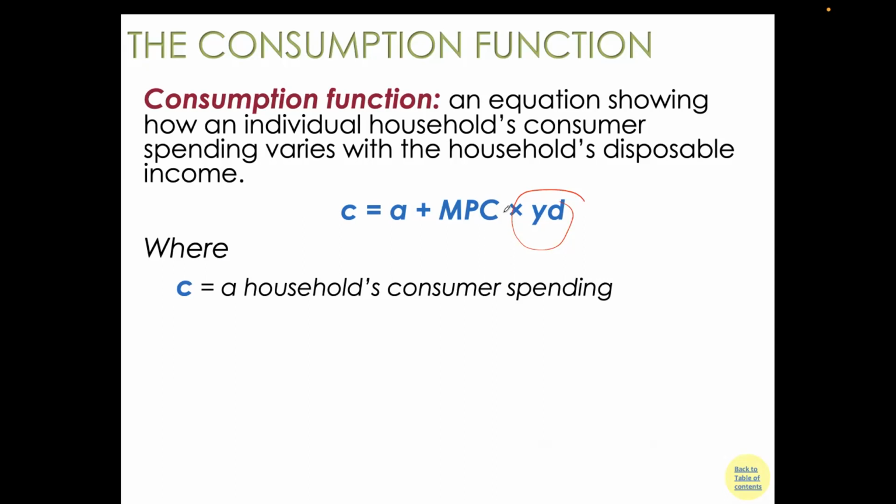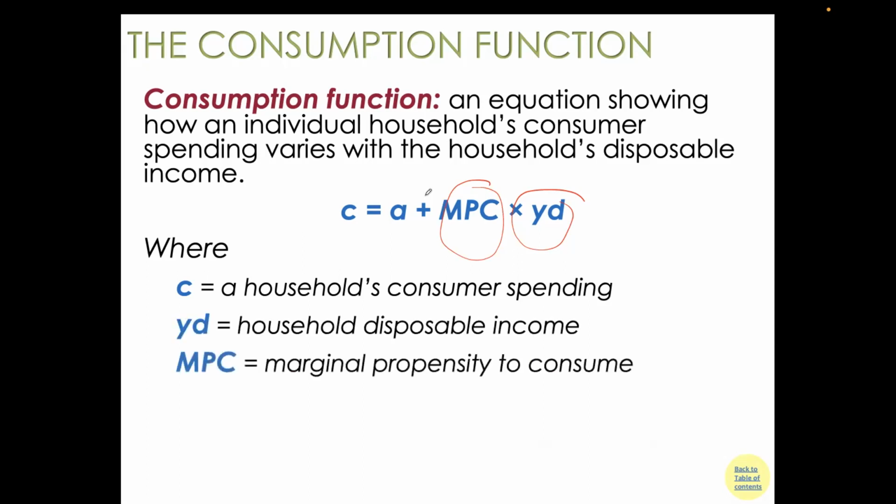Here it just says C is going to depend on your disposable income, with a factor of MPC. This is what we just discussed: for each dollar you have, you spend a fraction and the rest goes to saving. This MPC just captures that behavior.